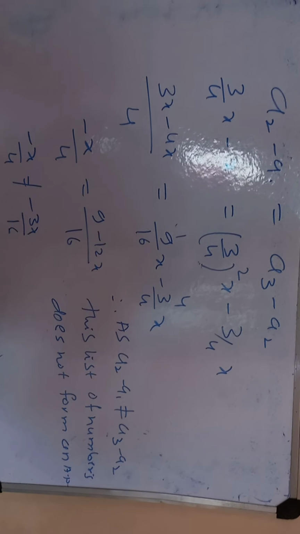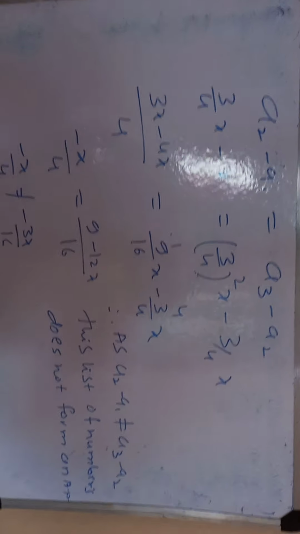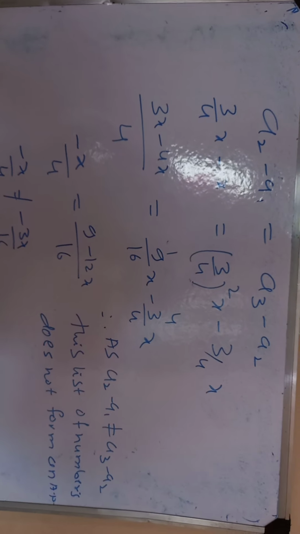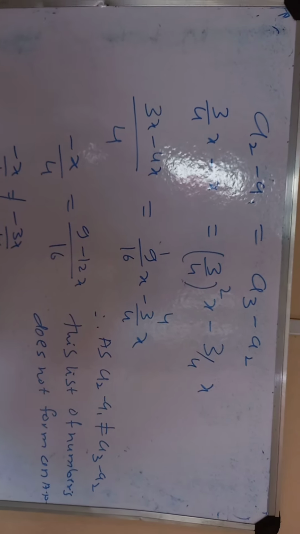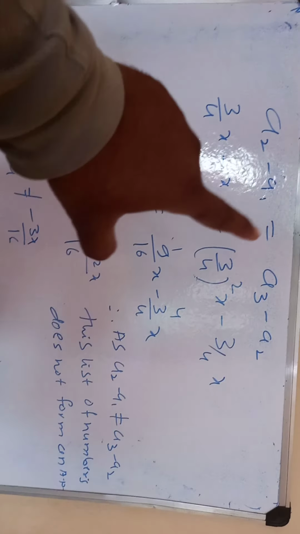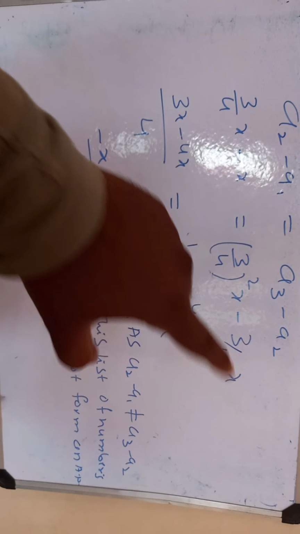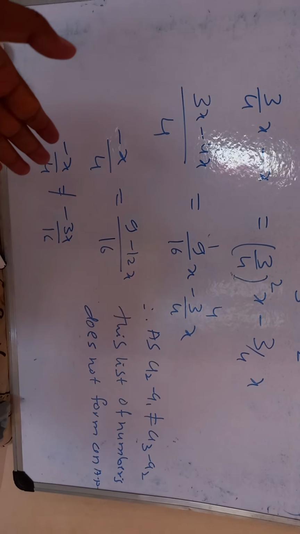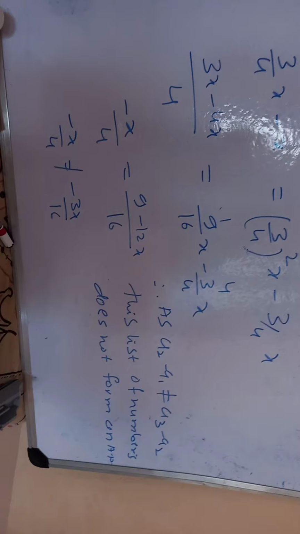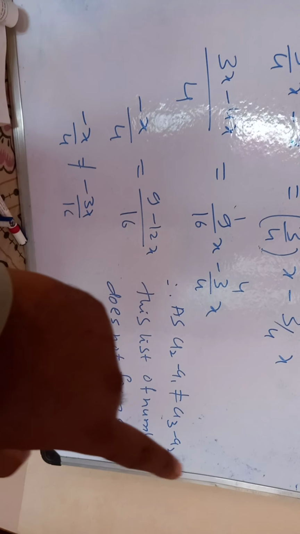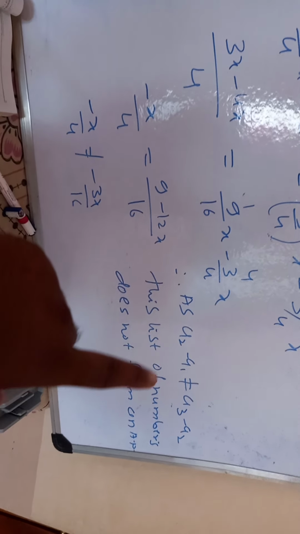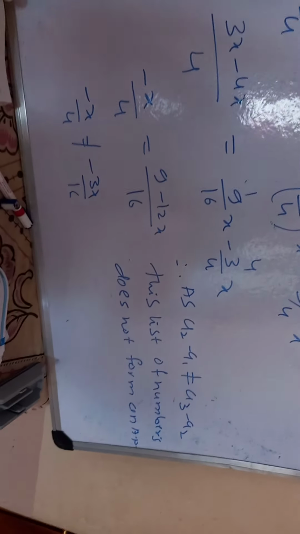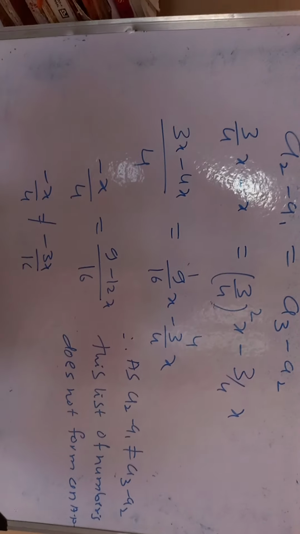Clear? Write it down. So first removal x, second removal 3x by 4, third removal 3 by 4 whole square x. We are not getting the same difference, we are getting different common differences. Therefore this list of numbers does not form an AP. This is the exact way of solving the problem.